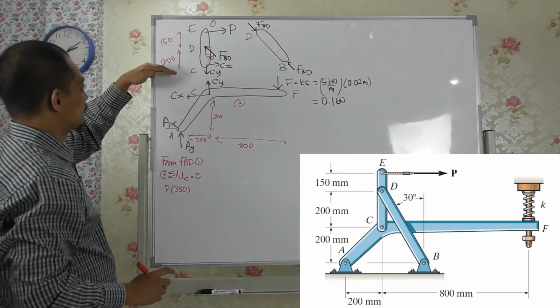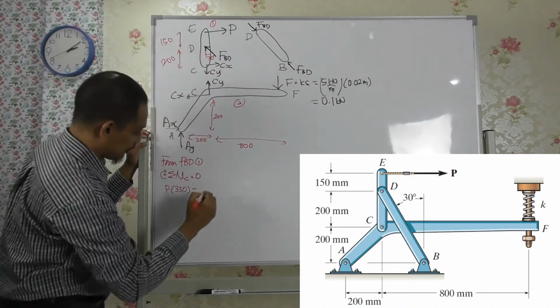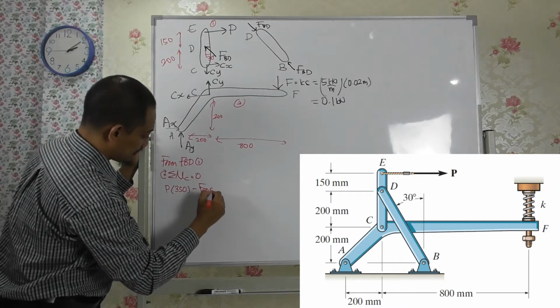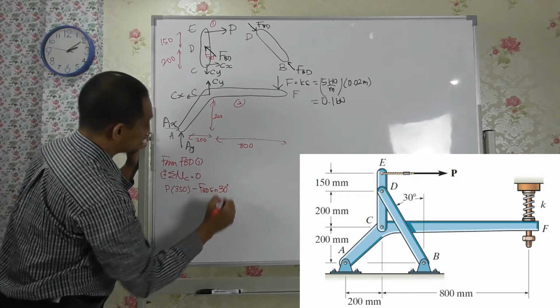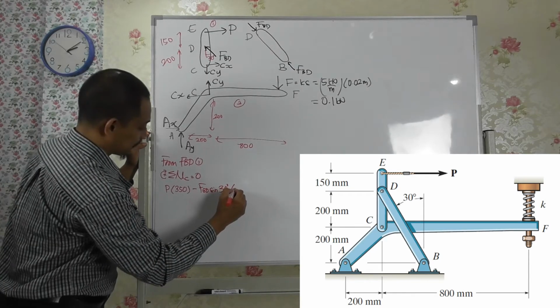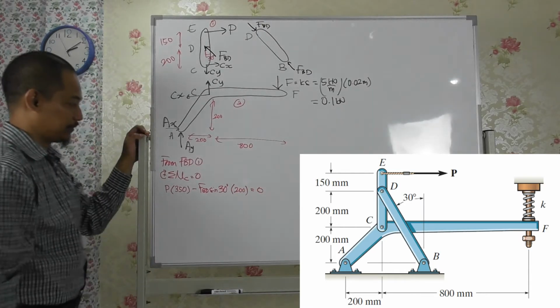So P times 350, and then minus, if this is horizontal, FBD sine 30 degrees times distance of 200, equal to 0, for example, right?